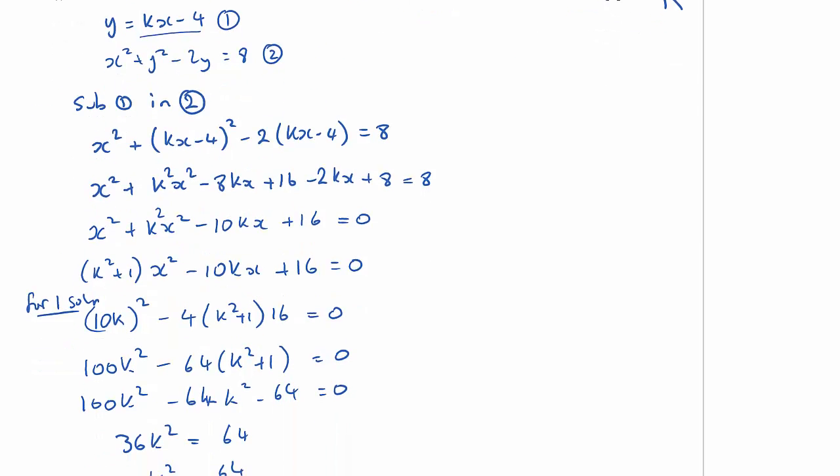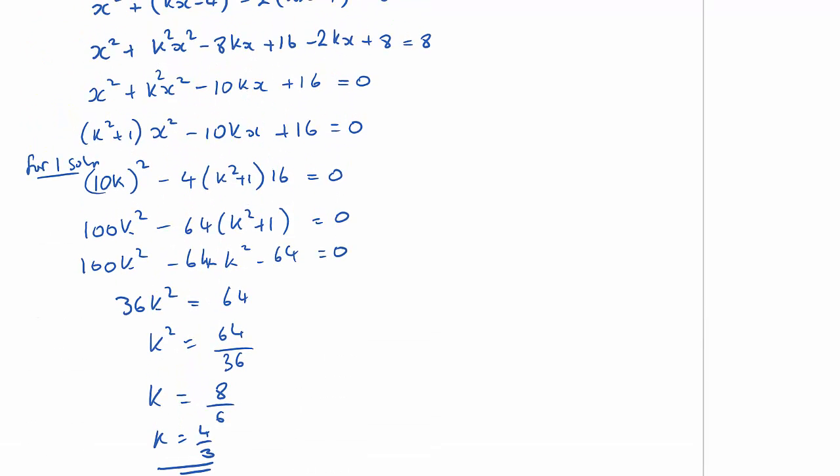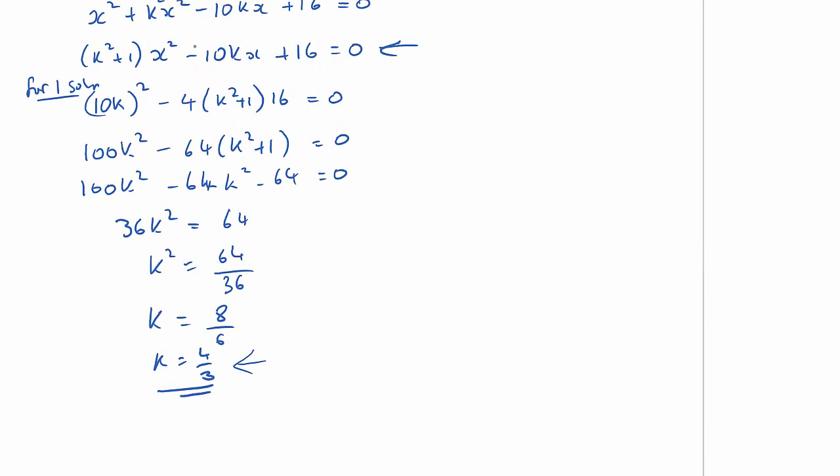So continuing, we want the coordinates of T. So what we could do now is solve this given that k is 4 over 3, so k squared is 64 over 36. So we've got (64 over 36, add 1) x squared. That's the k squared plus 1 x squared.